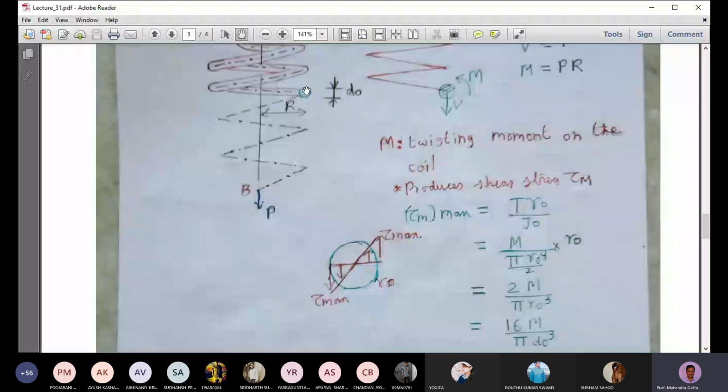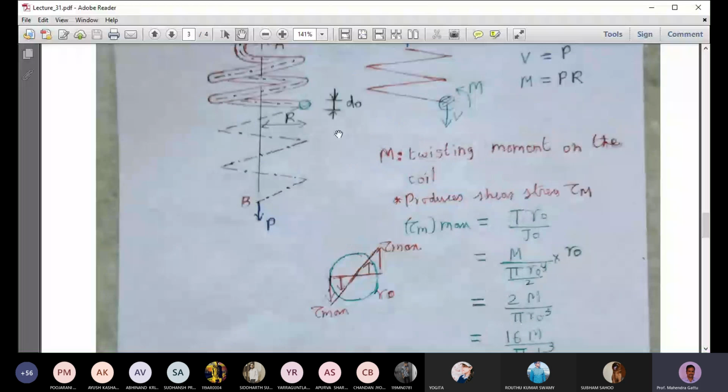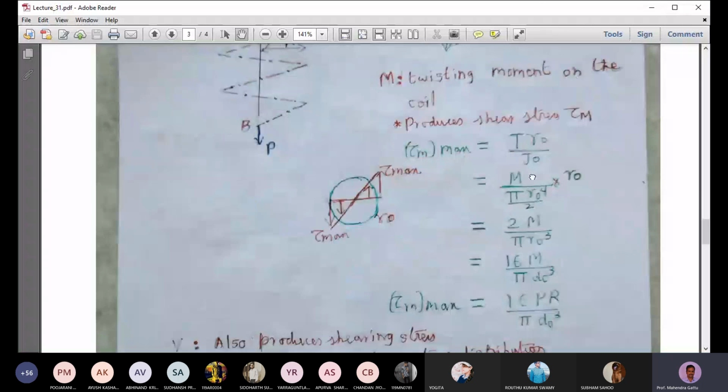Here the radius of the small cross section is r naught, the diameter is d naught, so tau max is T r naught by J naught. J naught is the polar moment of inertia of this small circular area with respect to the centroid, the origin.